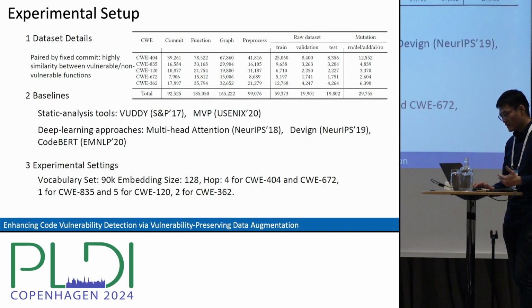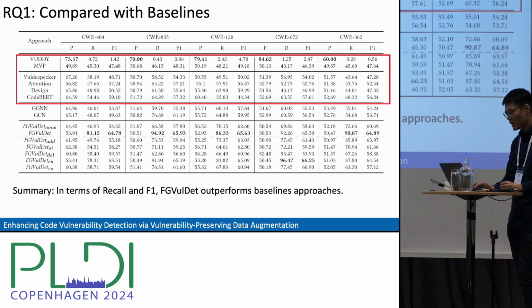The data set is shown in the table on the right upper corner, and we compare our approach with 7 baselines, including the static analysis tools VulDeePecker, MVP, and the deep learning-based approaches like multi-head attention, Devign, and CodeBERT. Firstly, we compare our approach with the baseline methods.